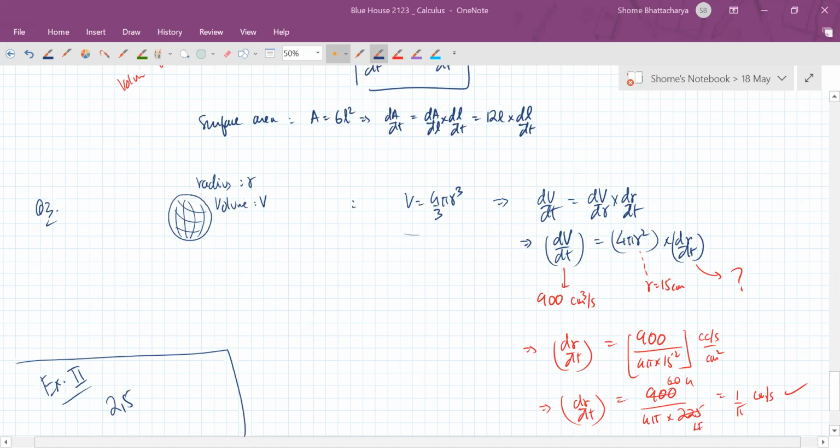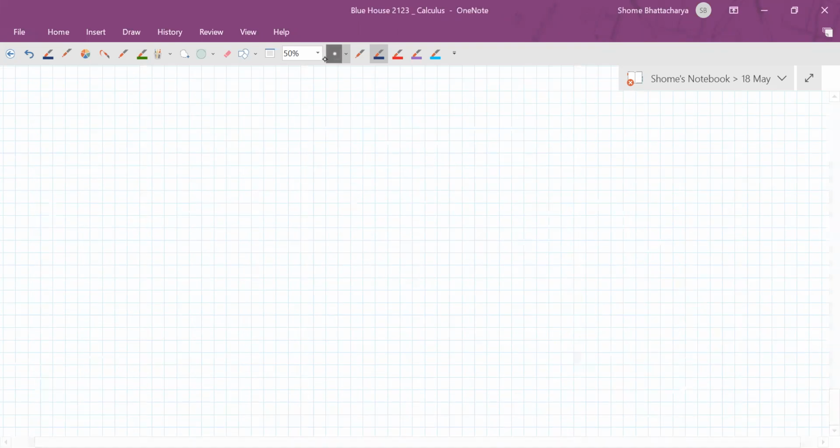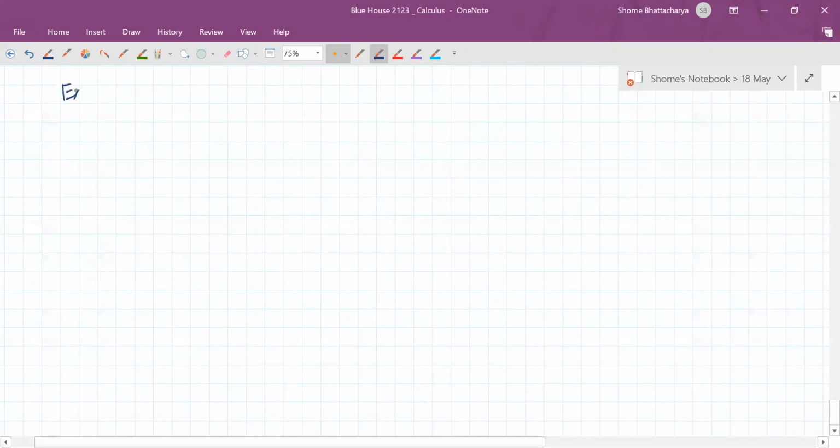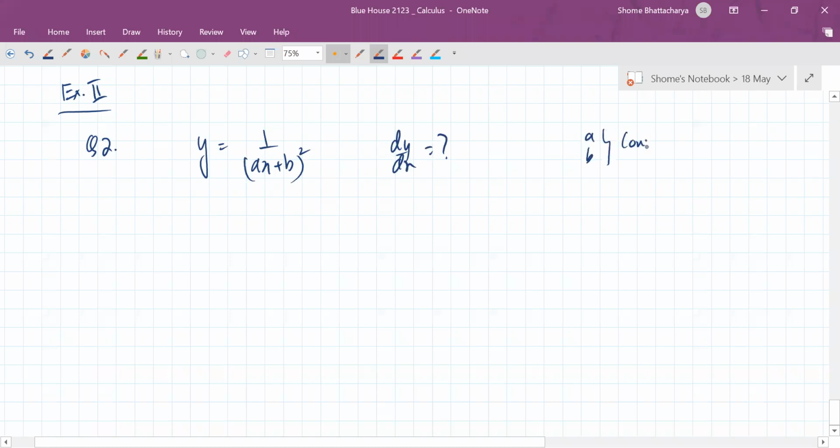So let's understand how we can use chain rule concept again. So you want to find dy by dx. Here it's of course understood that a and b are constants. They are not variables. It's x which is the variable and y is the dependent variable.